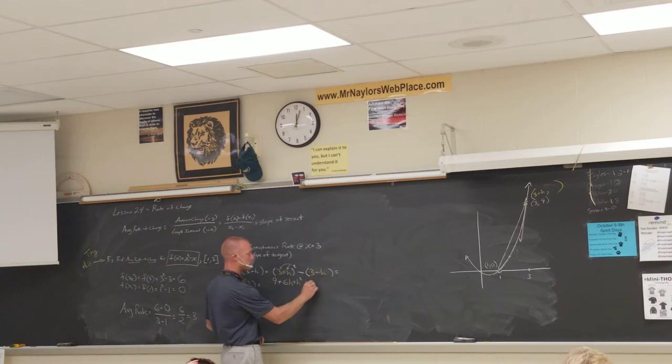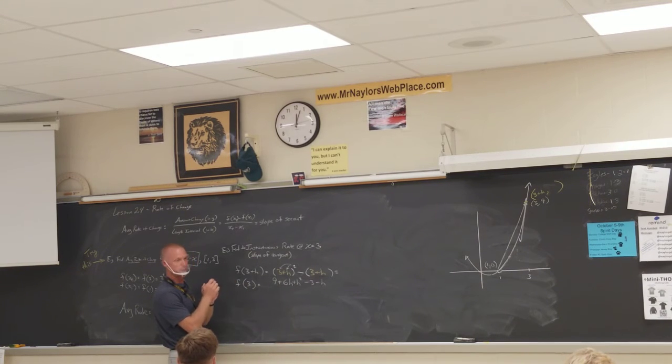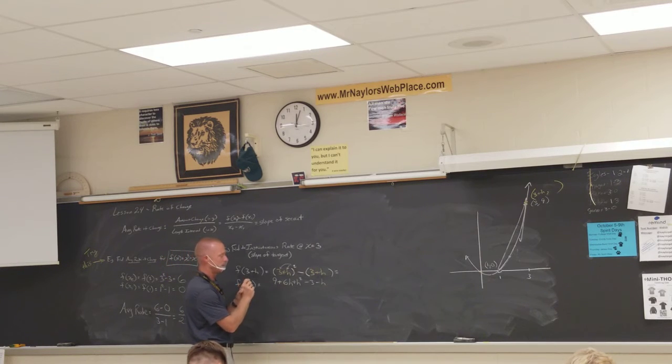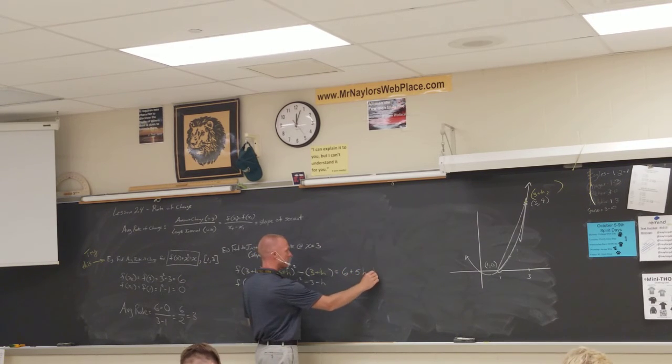And then I hope you're going to subtract 3 and subtract h. Probably not a bad idea to write that stuff down, but ultimately we just want to get the simplified version of this. It looks like we're going to end up with a 6, a 5h, and an h squared.